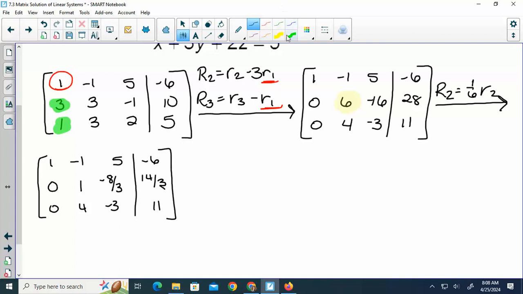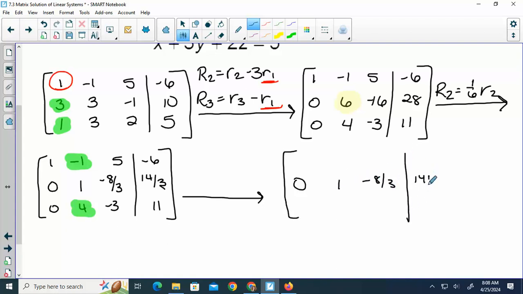What is the next step? Alright. So this time, row 2 is the row we are not changing. So row 2, that's the one that has a 1 in this position, that's the row we will be using to get our zeros.